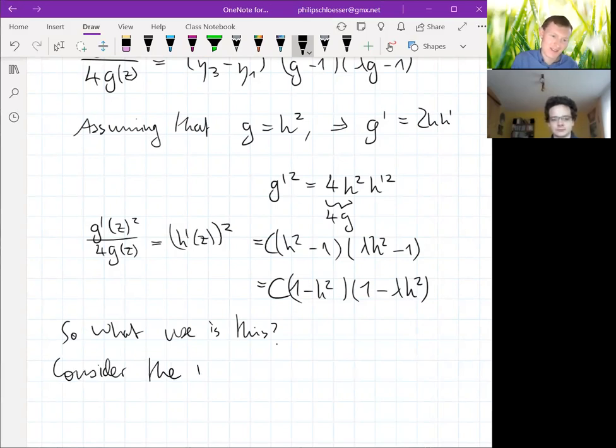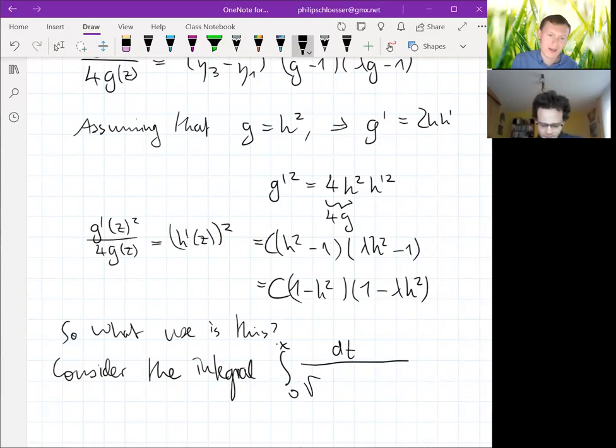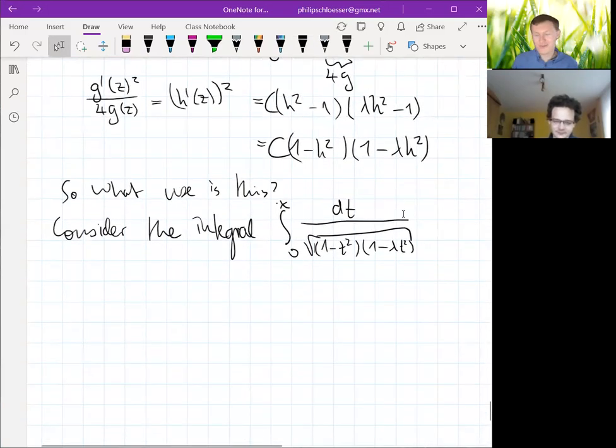Consider the integral from 0 to x of dt divided by the square root of 1 minus t squared times 1 minus lambda t squared. Why not, right?